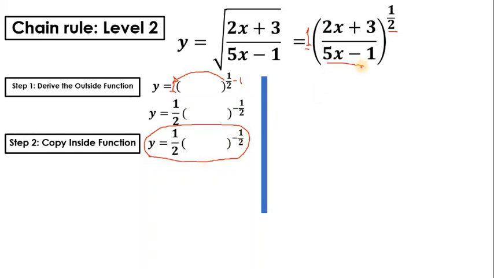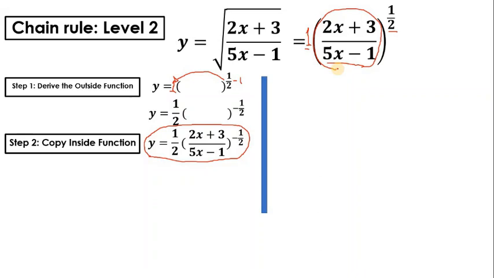And our inside function from our original function is this one, (2x plus 3) all over (5x minus 1). We copy it in the parenthesis, or we fill in the parenthesis, so it's something like that. So we are done with step number 2 by copying our inside function.